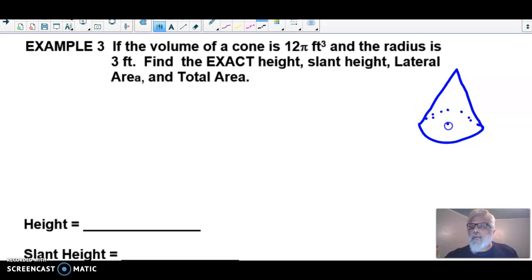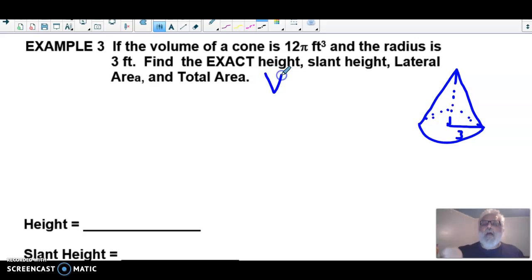And I know that my radius is 3. Not sure what the height is, the slant height, lateral area, total area, all that I'm going to find. Okay, let's go ahead and start off with what we know is given, and it's the volume of the cone.